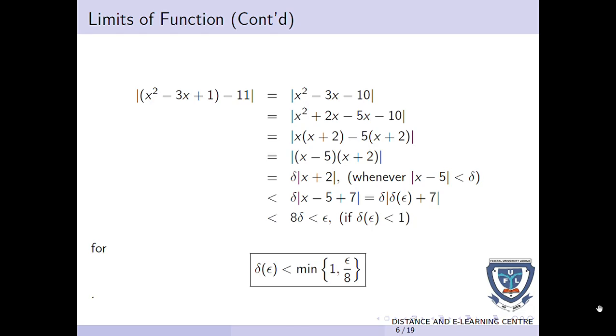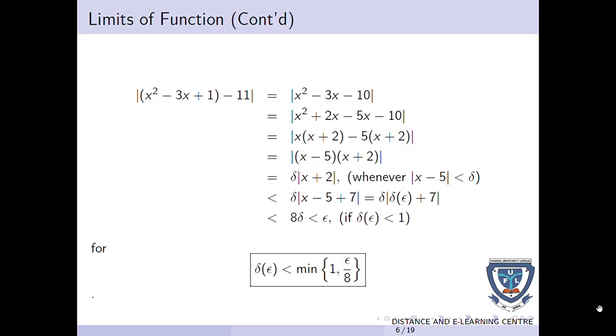And by the time you do a proper evaluation, you're going to have that 8 delta will be less than epsilon. Now, provided that delta is less than 1, making delta the subject, you're going to have that delta will be less than epsilon over 8.